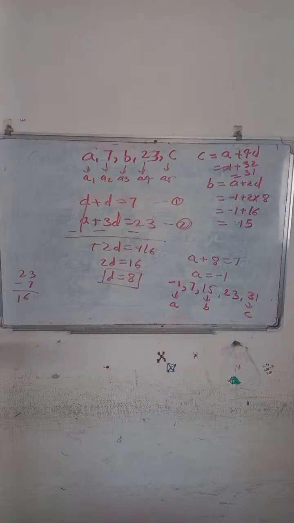Okay, I'll repeat. If the nth term of an AP minus 1, 4, 9, 14 and so on is 129, find the value for n.